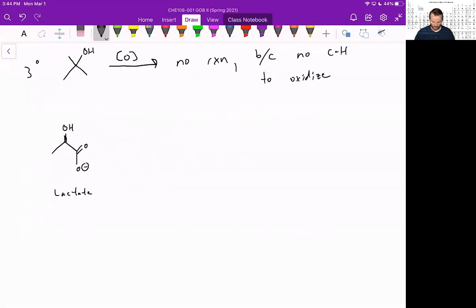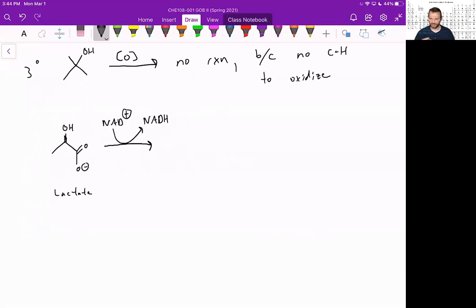But lactic acid is not oxidized with potassium dichromate. That's too strong. It would be fatal if you were to ingest potassium dichromate. So your body uses a much milder oxidizing reagent named NAD, or nicotinamide adenine dinucleotide.